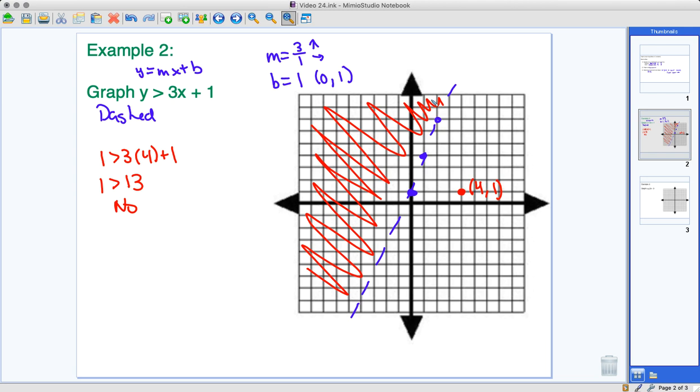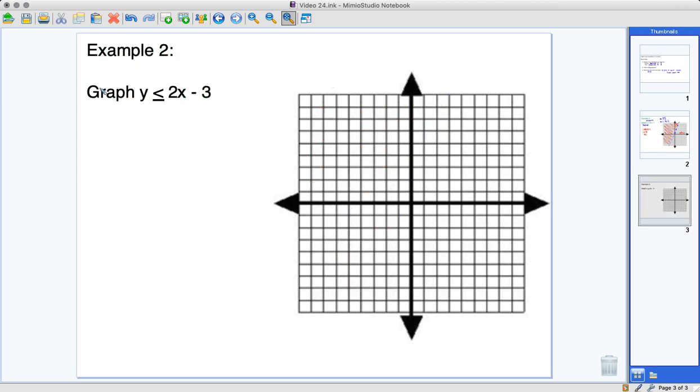Okay, so let's try another one. We've got y is less than or equal to 2x minus 3. Dashed or solid line? That is a solid line because it's less than or equal to. We're in y equals mx plus b, so my m is 2.